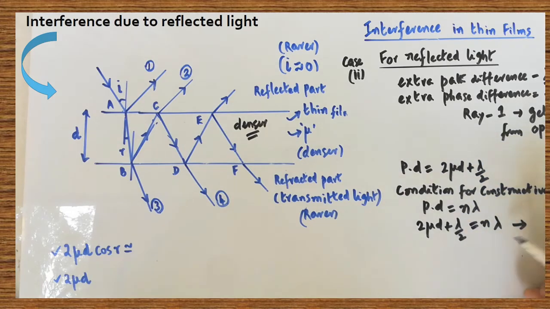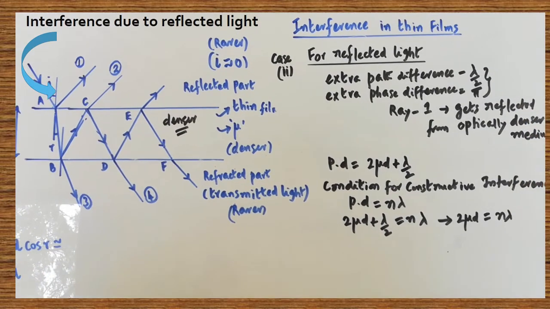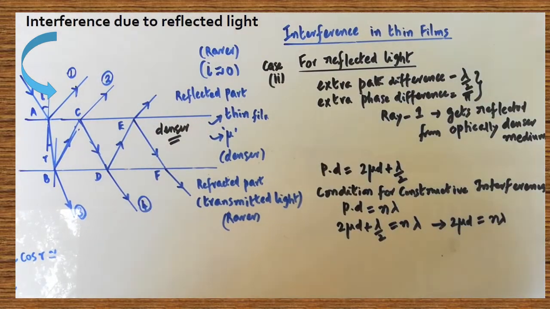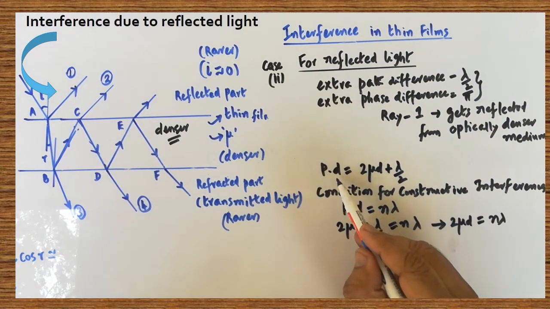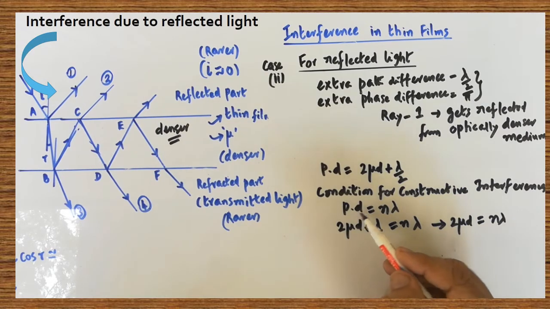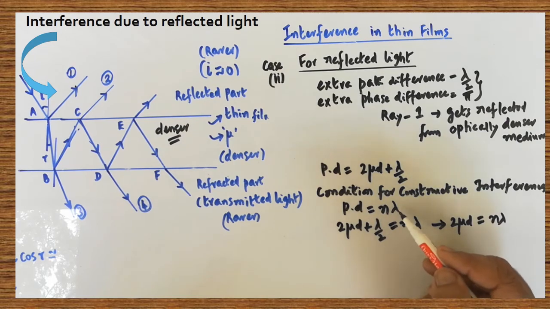If it is written in another form, how does the equation change? Here the real path difference is 2 mu d plus lambda by 2. How to get the condition for constructive interference? Path difference must be equal to N lambda.